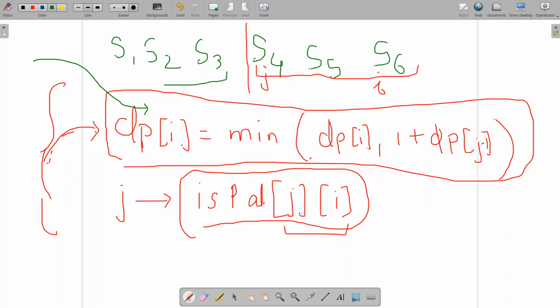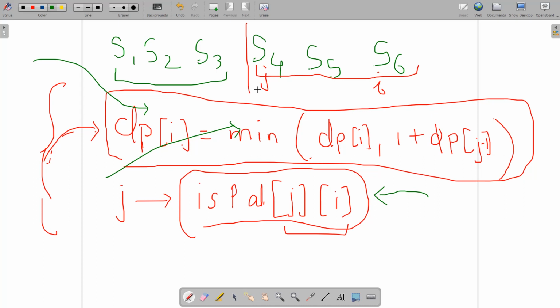As I have already said, we have already calculated those values, and now we are going to calculate the current minimum value by putting partitions over various places. You need to ensure that whenever you do this, the condition is true: the current string starting from the index j and up to the index I, which is the current position, must be a palindrome.